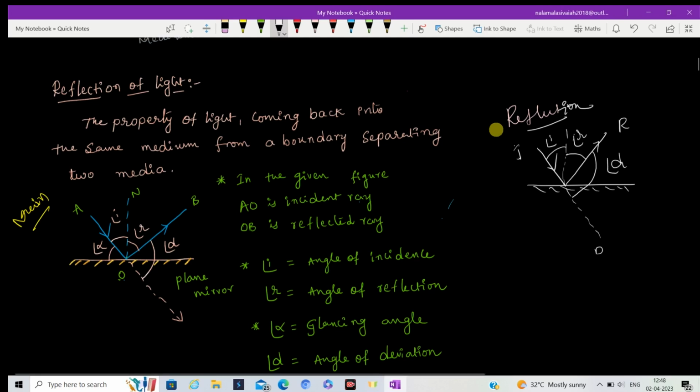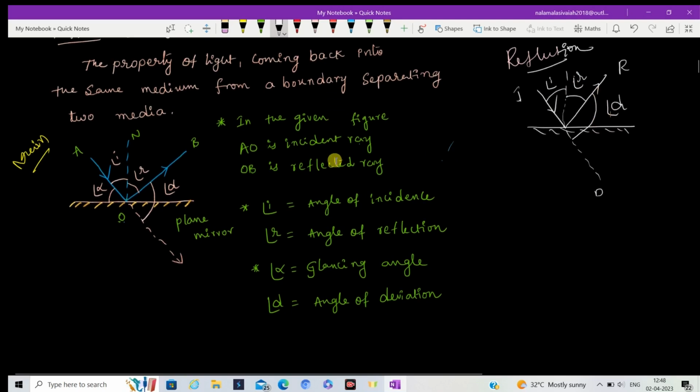So as you can see here, incident ray, reflected ray, the line which is perpendicular to the plane surface is the normal line. The angle between the incident ray and normal line is the angle of incidence. The angle between the reflected ray and normal line is called the reflection angle. The angle between the deviated line and the reflected light is called the deviation angle.